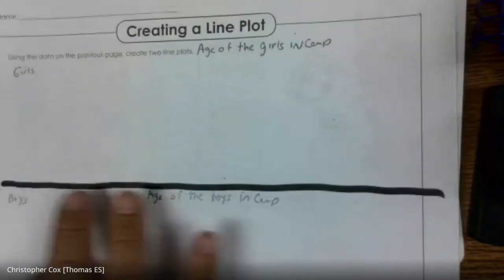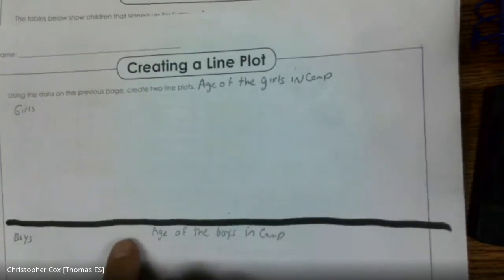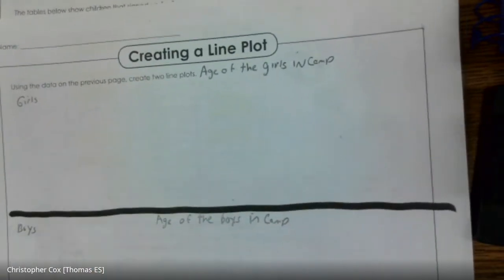Okay. So I got my girls and boys. So there's my first line. And I'm creating a line plot. So we've done line plots in class. And we're going to do one here right now.